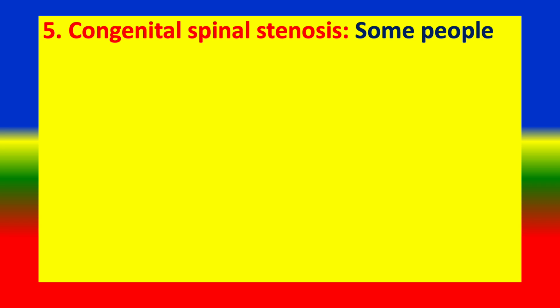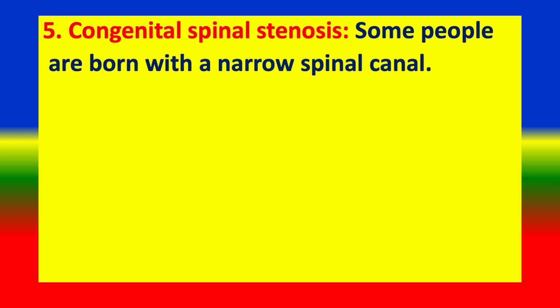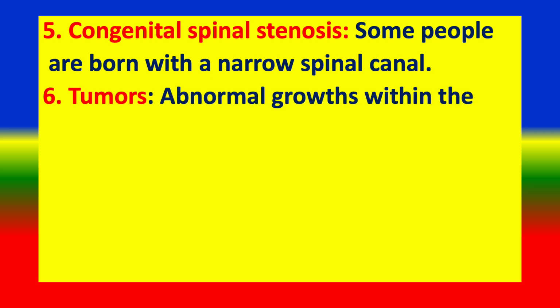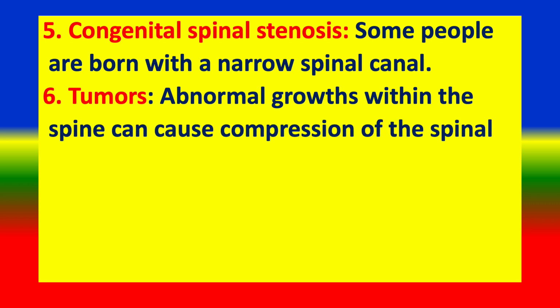Congenital spinal stenosis. Some people are born with a narrow spinal canal. 6. Tumors. Abnormal growths within the spine can cause compression of the spinal cord or nerves.